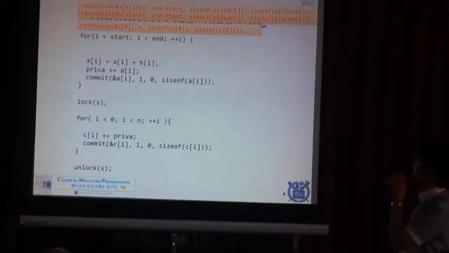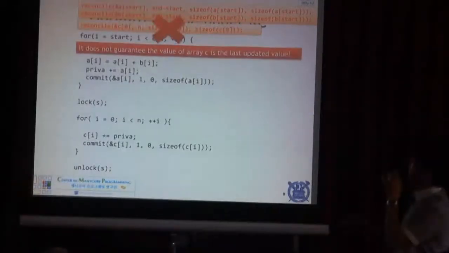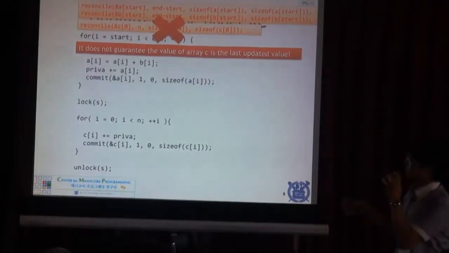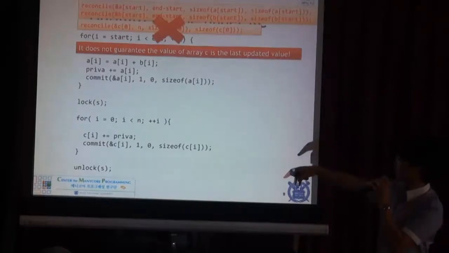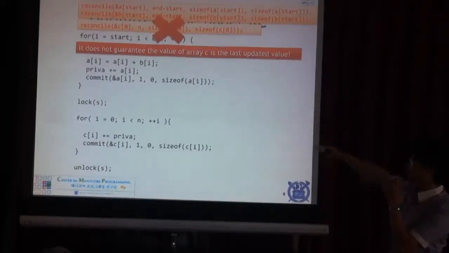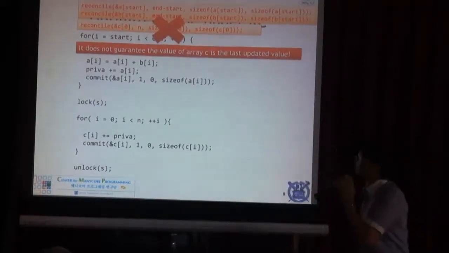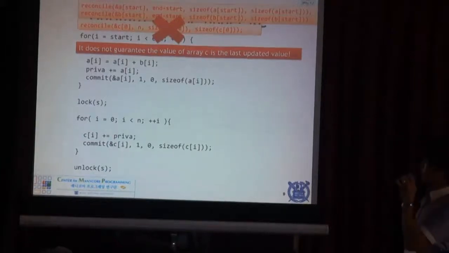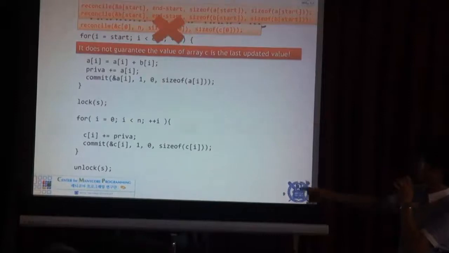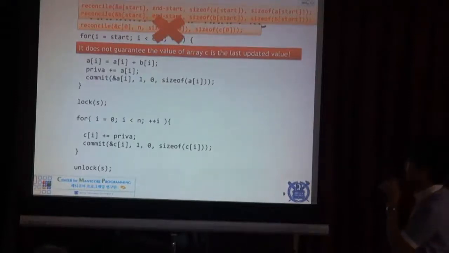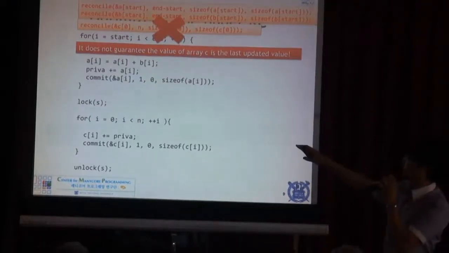However, this is not possible because it does not guarantee that the value of array C is the last updated value. Let's think about the case. Core i executes the critical section, and then it updates the values of C[i]. And then next core j enters the critical section.